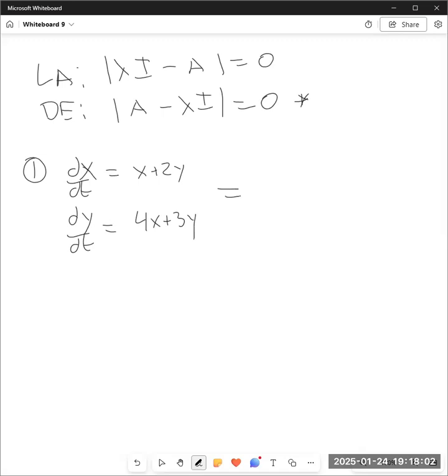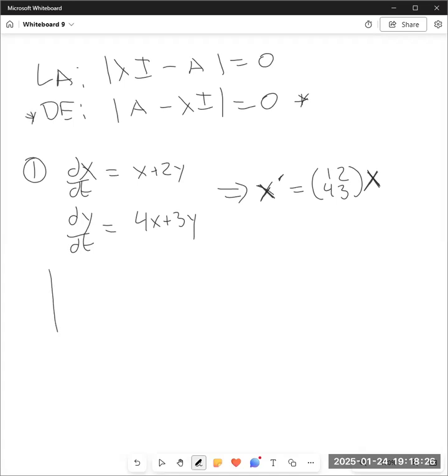And that turns into a matrix equation of X prime is equal to the matrix 1, 2, 4, 3 times capital X here. And I'm interested in this matrix A. Again, remember we're using this form right here.